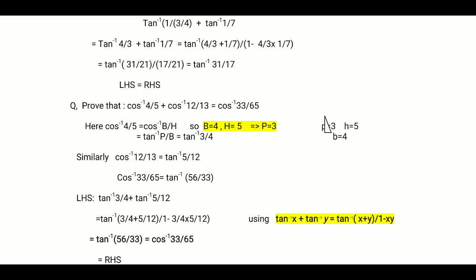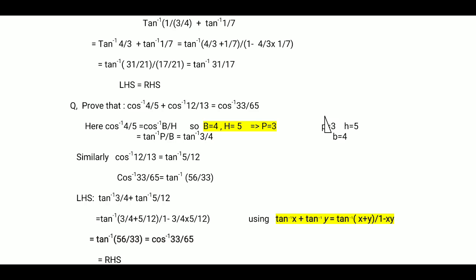It means its base is 4 and hypotenuse is 5. So we can calculate from a right triangle whose base is 4 and hypotenuse is 5, then perpendicular will be equal to 3. Tan inverse is perpendicular upon base. So that becomes tan inverse 3 by 4. It means cos inverse 4 by 5 is equal to tan inverse 3 by 4.